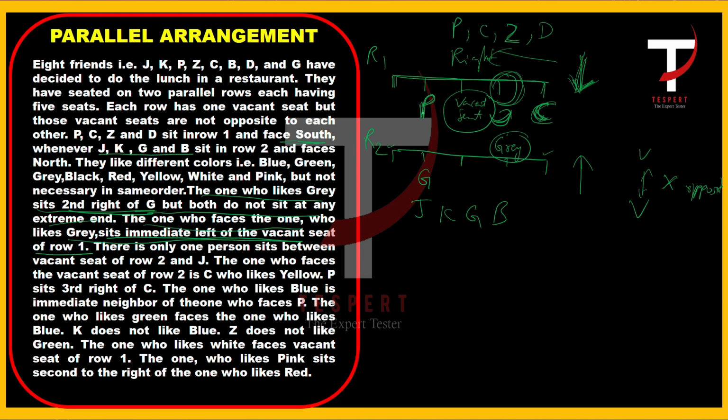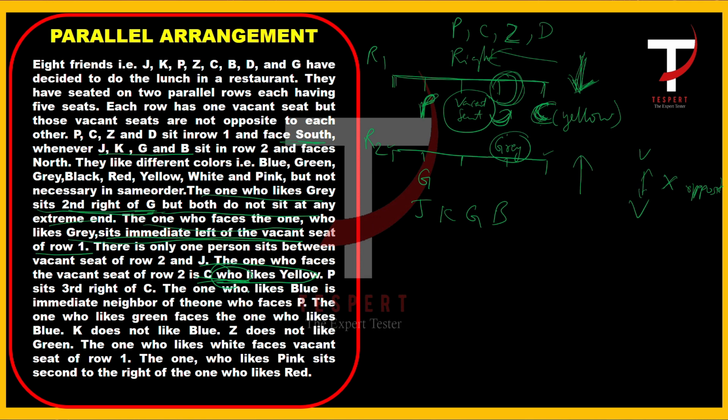And it is given that C likes yellow, right? See, C who likes yellow. So here who refers to C. So C likes yellow. And still what is there?